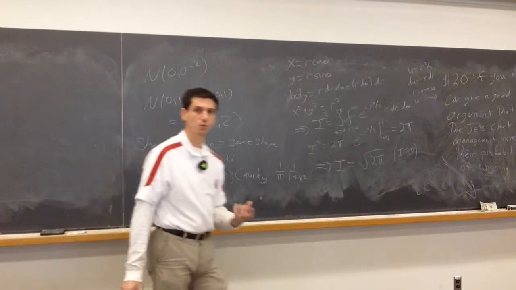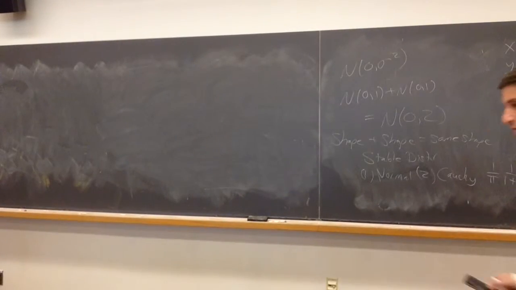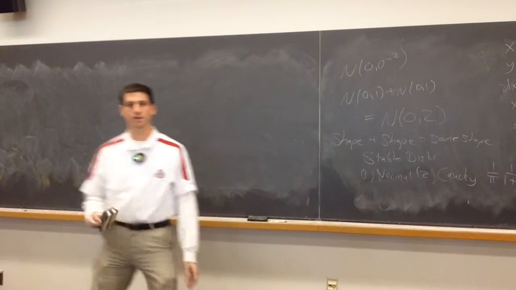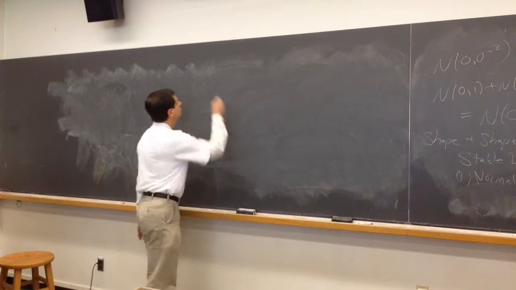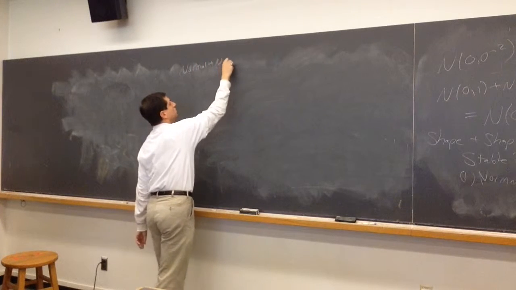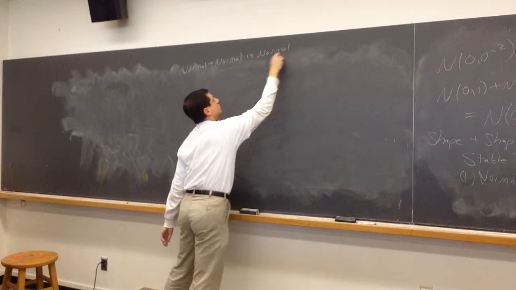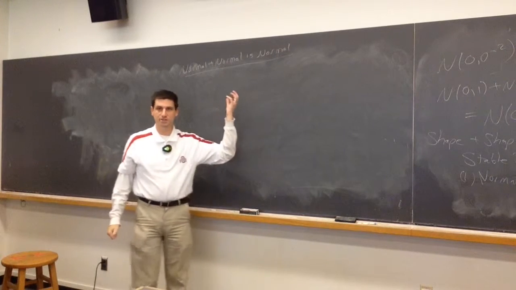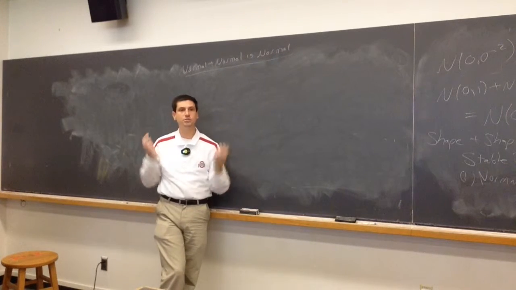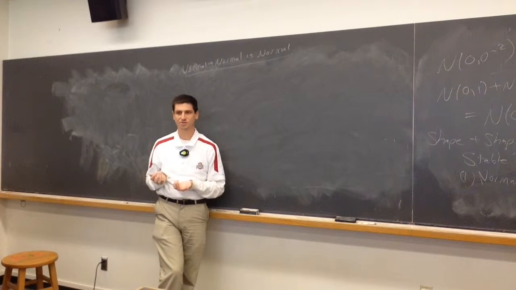What I want to do now is show you that normal plus normal is normal. And the way we're going to do this is we're going to integrate without integrating. Okay? So normal plus normal is normal. What's really nice about this is if I can show that the sum of two normals is normal, what's true about the sum of three normals?